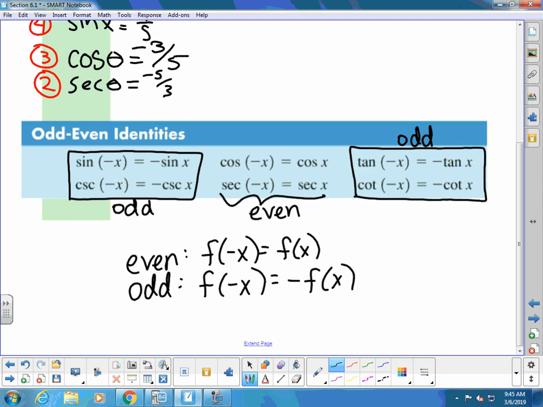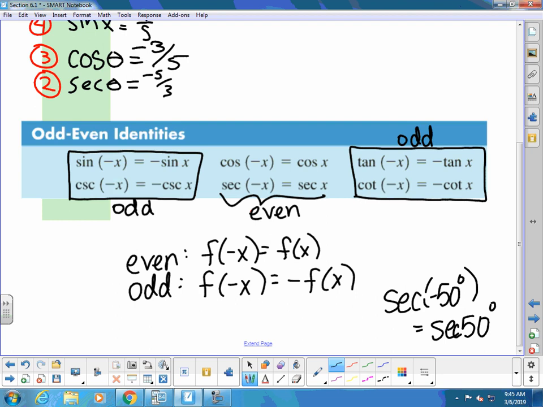So you're saying if it's secant of negative 50, you could just make it secant of 50? Exactly. And if it was sine of negative 30, I could simplify it to negative sine 30. So we don't have to deal with negative angles anymore.